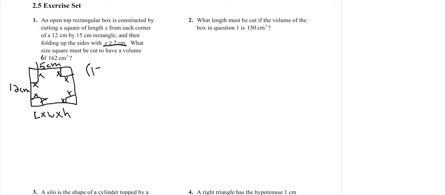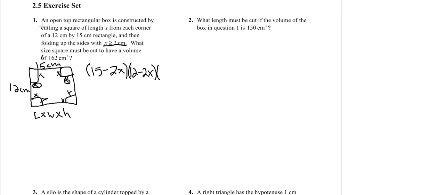So 15 minus 2x, and we're minusing 2x because there's an x here and an x here that was being cut. So that's the length, and then now times width. So 12 minus 2x.